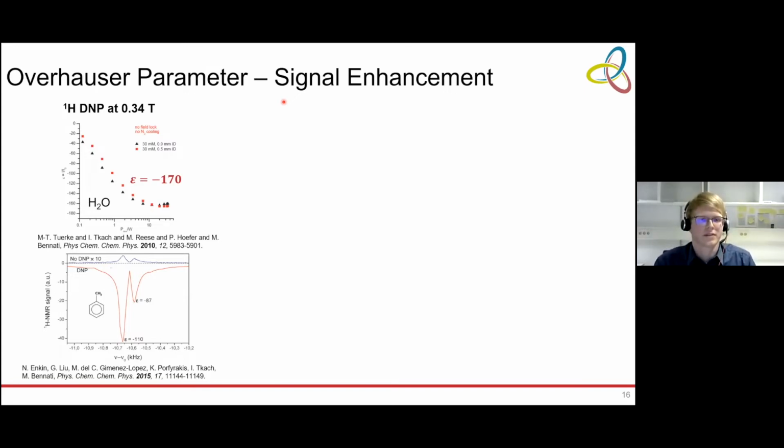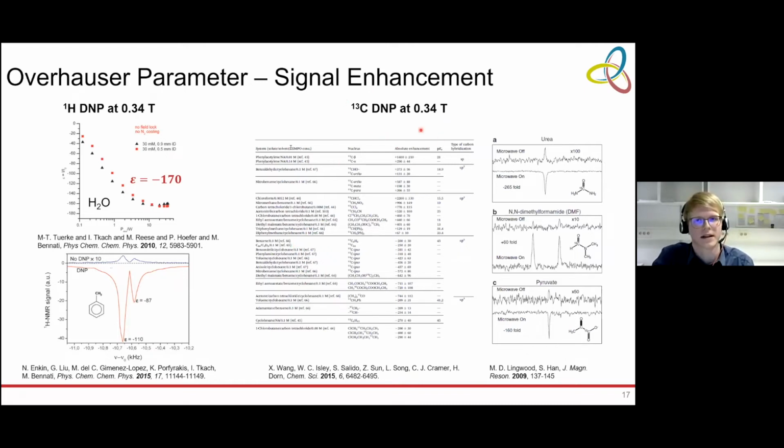And we have here, for instance, DMP on protons at 0.3 Tesla. It's X band for EPR, which is why it's a very common magnetic field. On water there is an enhancement of roughly 170, and for toluene you can also get enhancements above 100. Not only protons have been measured at X-band, but carbon has also been studied extensively.